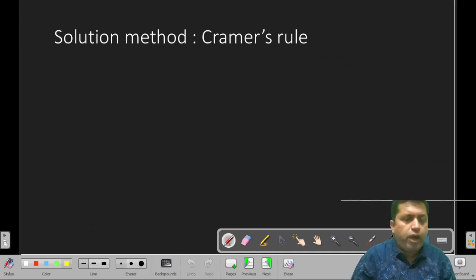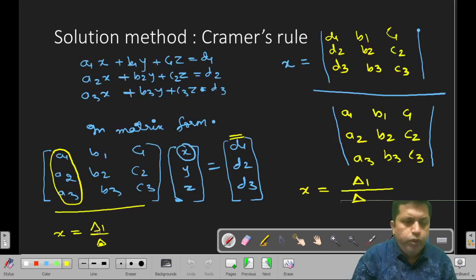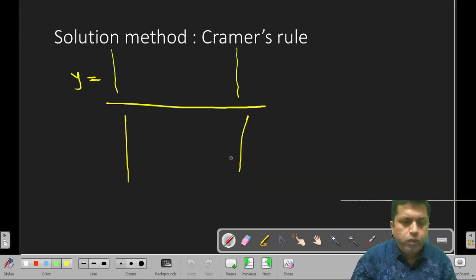Let us move on to how to find Y. Determinant divided by determinant. In this case, you will replace the entire B column with the right hand side column.